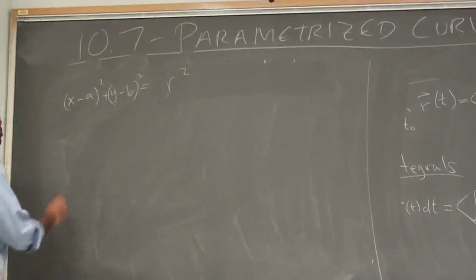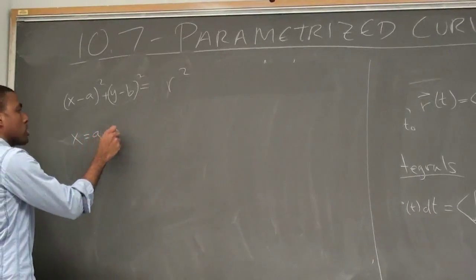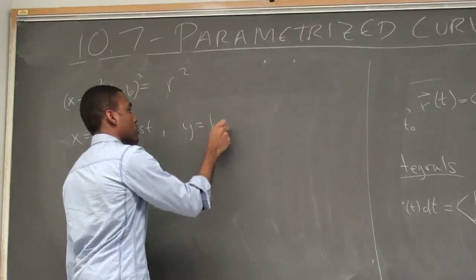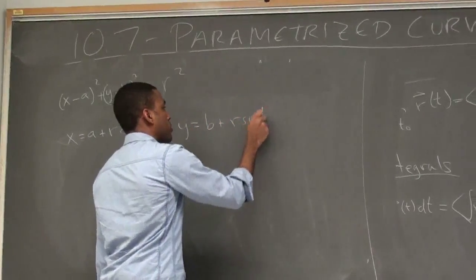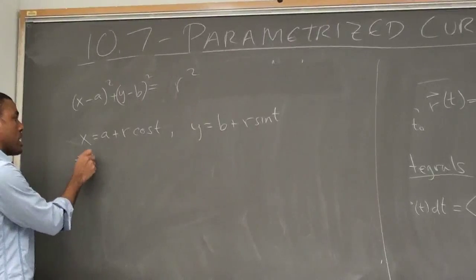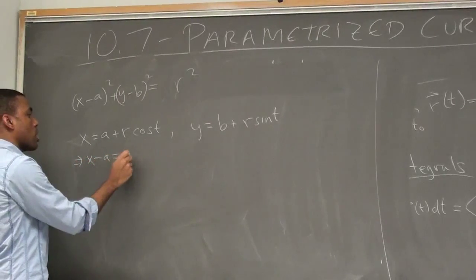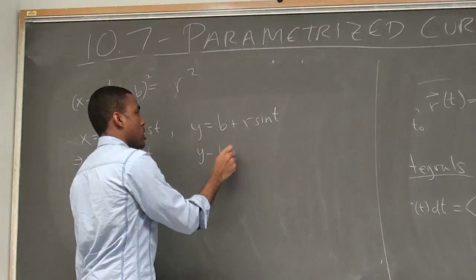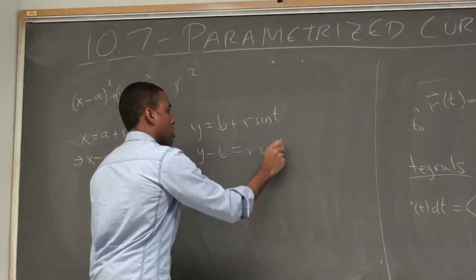If you actually want to see it, if I know that X equals A plus R cosine, then this would mean X minus A is equal to R cosine, and Y minus B is equal to R sine.